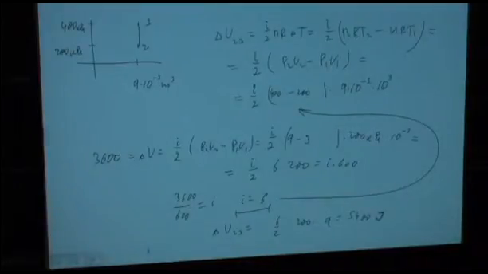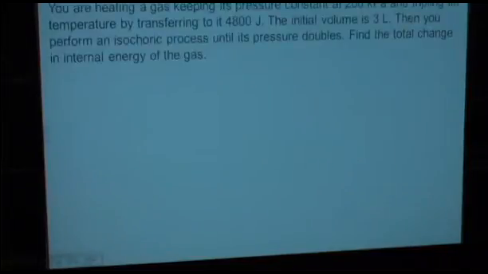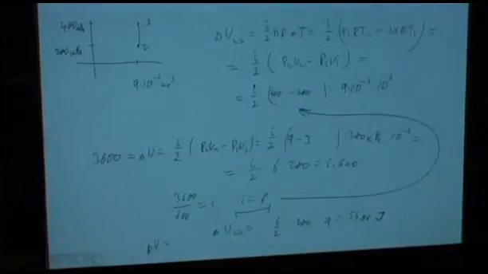Well, okay. The last calculation is that total change equals 3,600 joules plus 5,400 joules. 9,000, right? Joules.